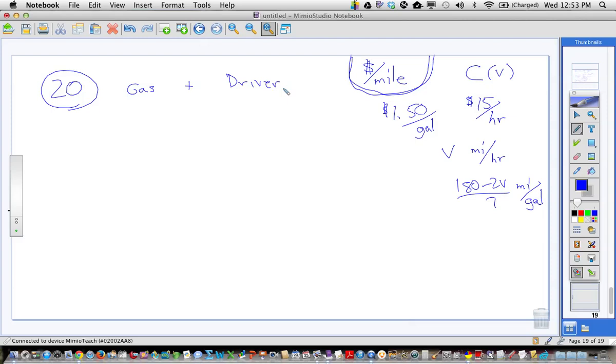So the cost of the gas is $1.50 per gallon. And then I'm just going to do this with my units. Right? I like the old chemistry thing. So I want to end up with dollars per mile. So is there a way I could get gallons to cancel and have miles down here?